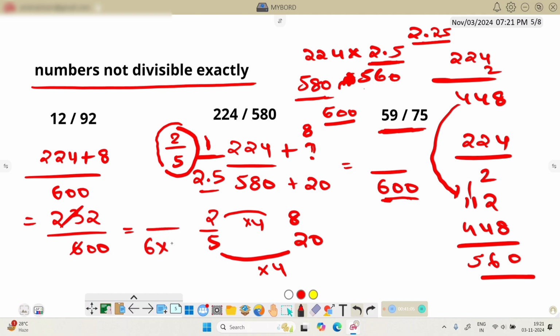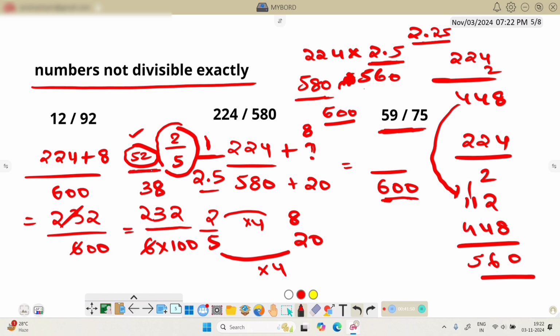600 you can write as 6 into 100, and next in the numerator 232, you just simply cancel out with the 6 table. So 6 threes are 18 and 5 will be remaining. So you should check the 52, nearer to 52. So 6 eights are 48.